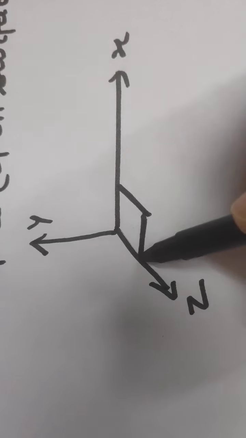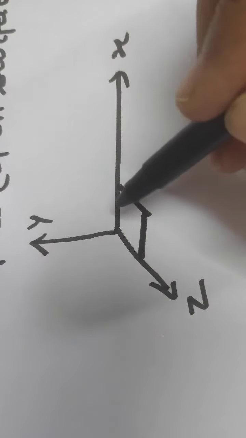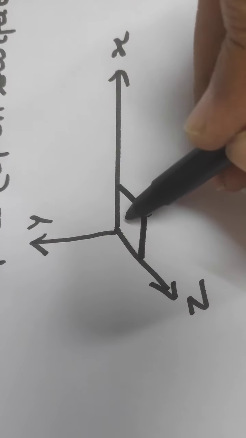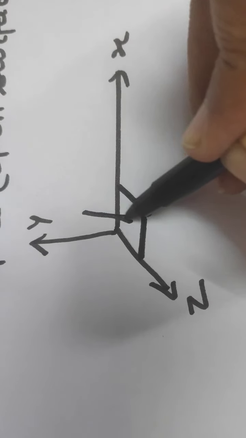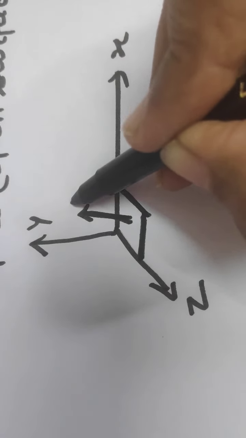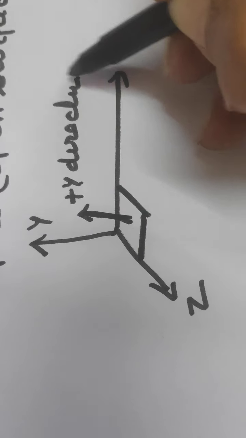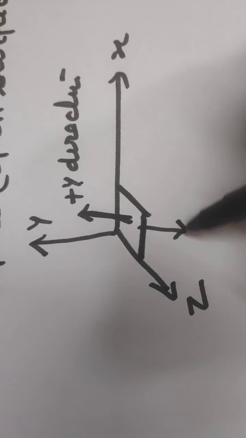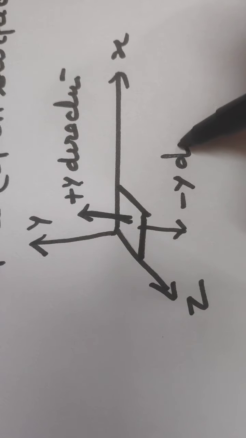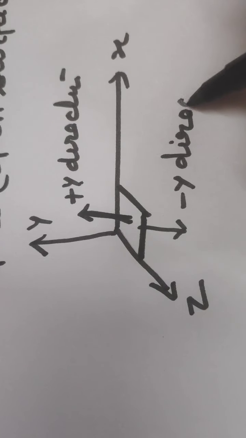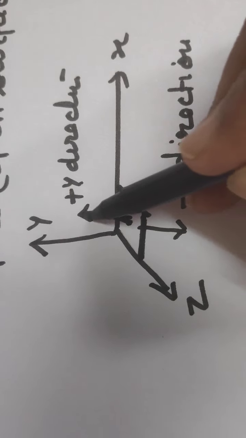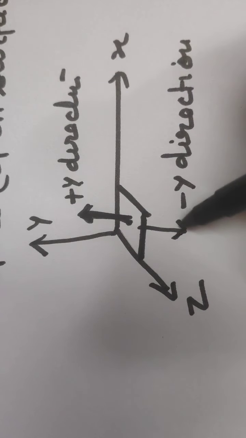For this area, the direction of the area vector will be normally outward like this. This is the positive y direction, or it may be the negative y direction. So it should always be normally outward, like this or like this.